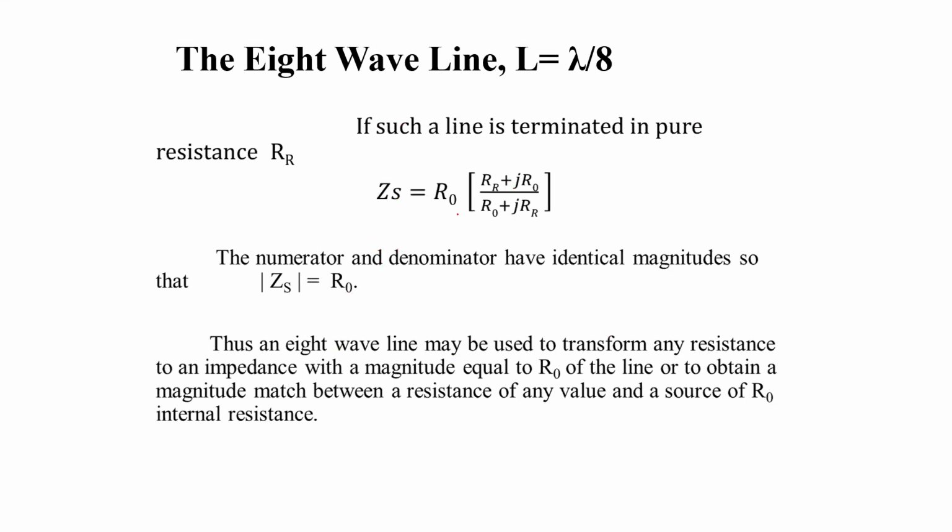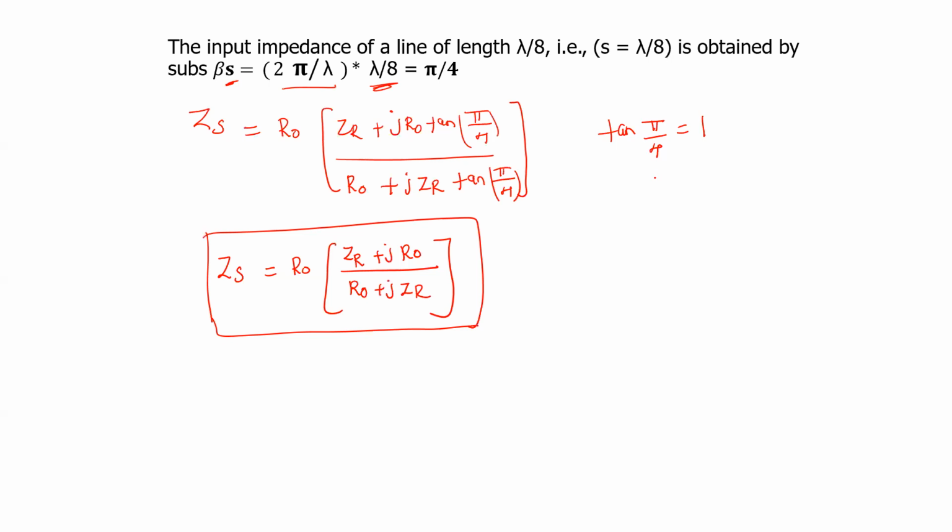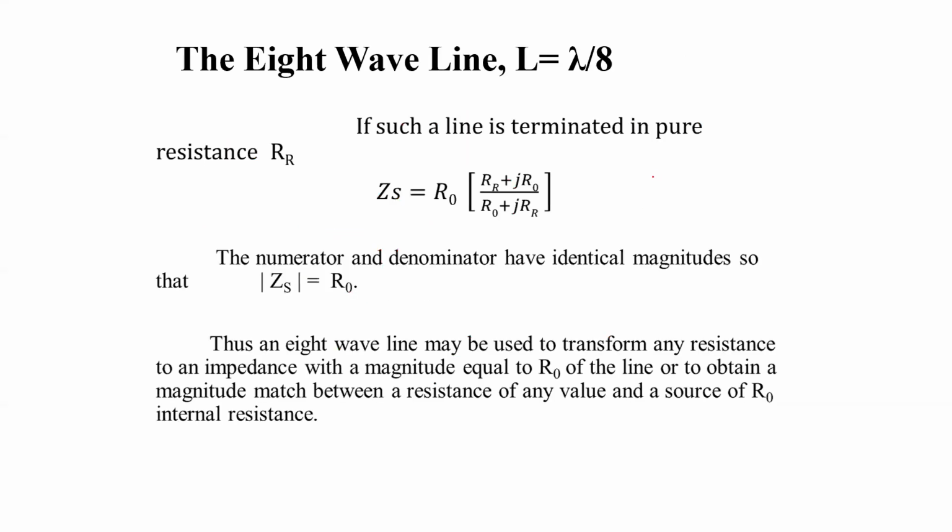If we determine the magnitude of ZS, we will get magnitude of ZS is equal to R0 into root of RR square plus R0 square divided by root of R0 square plus RR square.